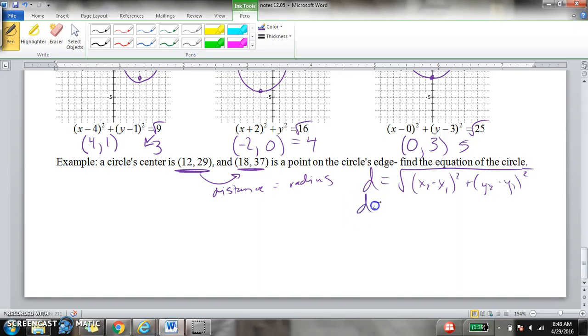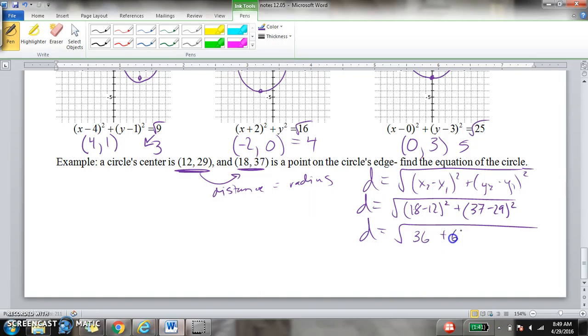So if we plug all those in, x coordinates are 18 and 12, so 18 minus 12 squared plus y coordinates are 37 and 29. 18 minus 12 is 6. 6 squared is 36. 37 minus 29 is going to be 8. 8 squared is going to be 64. 36 plus 64 is 100, and the square root of that is 10, so that's going to be the radius.